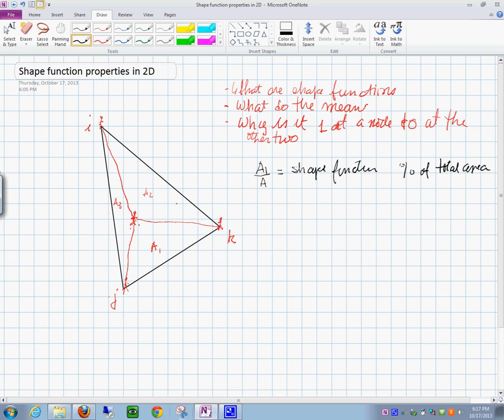Just so that you see how close he is, I'm going to do it with a dotted line.